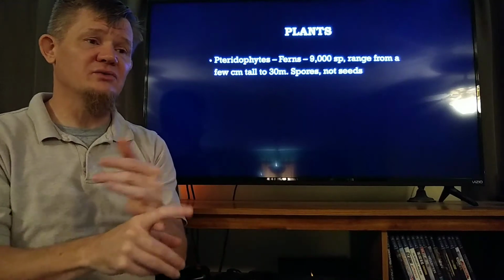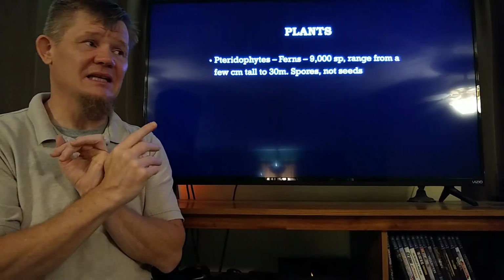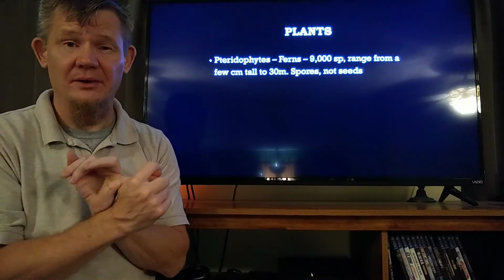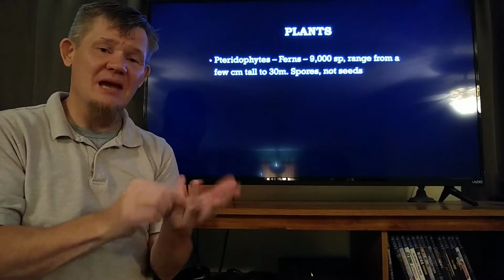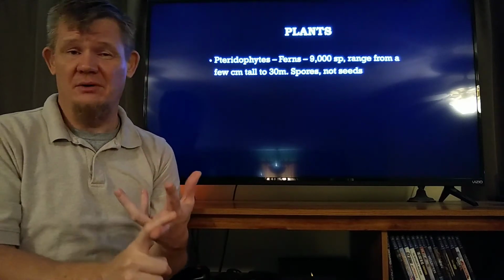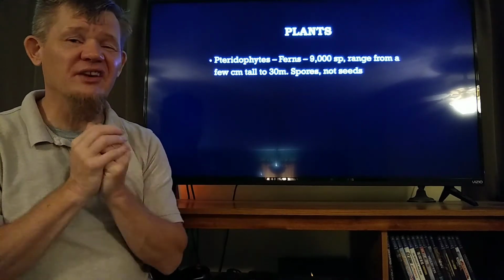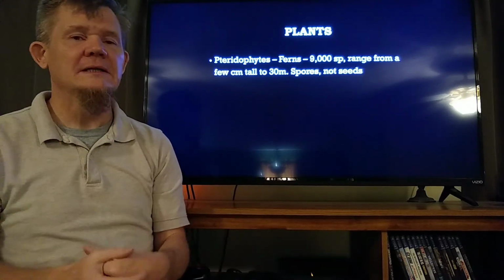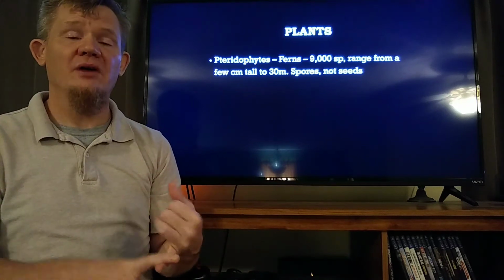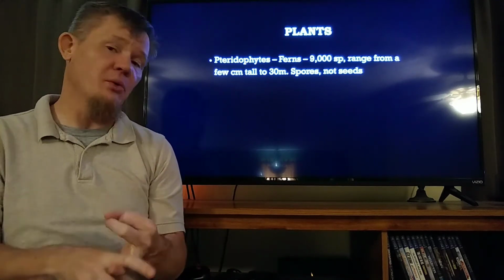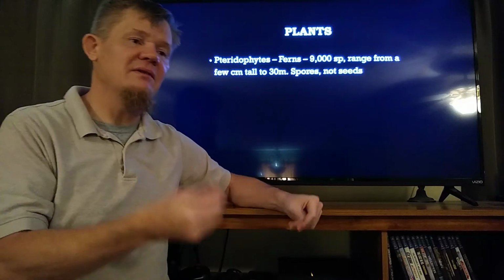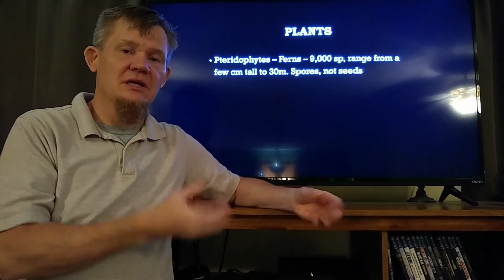A spore is really just, it's almost not even an embryo. A spore is essentially just the embryo with no food source and no wrapper around it. So it's really, really fragile. And it has to land in perfect conditions to be able to grow. Mosses and ferns release spores. They release these very, very simple structures.